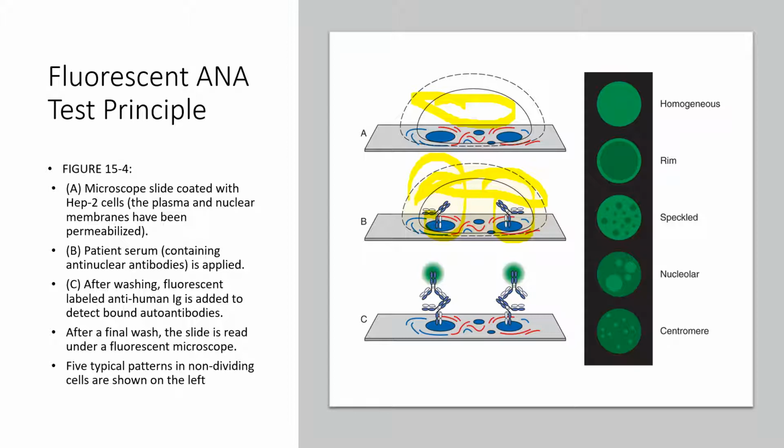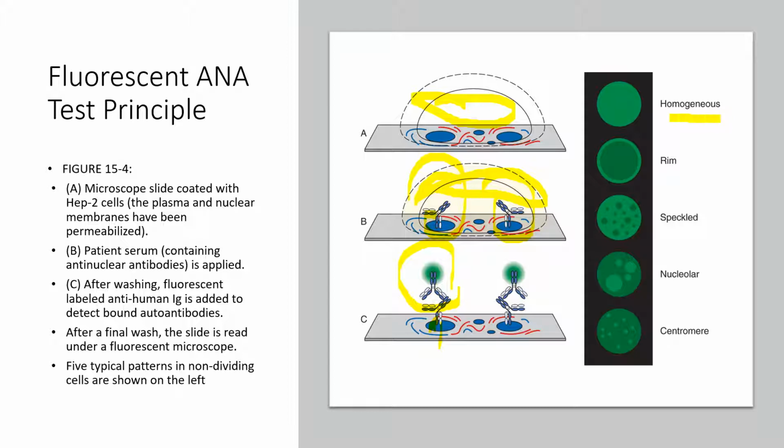In order to see them, we need the anti-human globulin, which has a fluorochrome attached to it, which will emit light back to our eye when excited by a laser beam. And if indeed it is positive, it will be geographic in nature, meaning that it is attached to the specific organelle or location within the cell that that antibody has affinity for, resulting in various patterns.